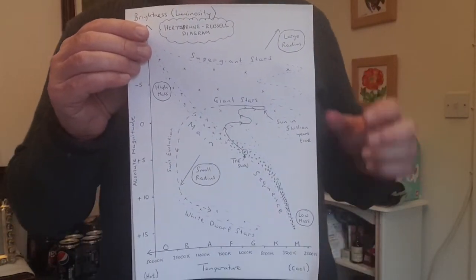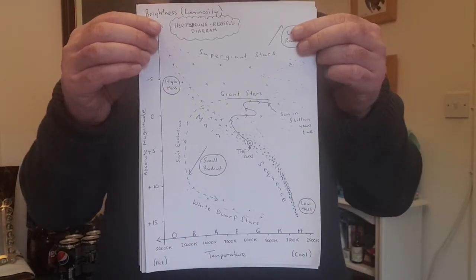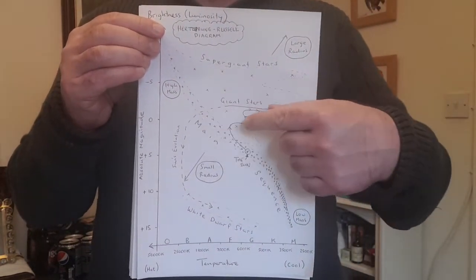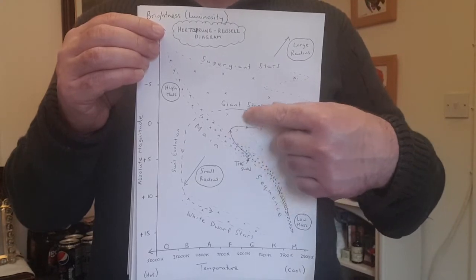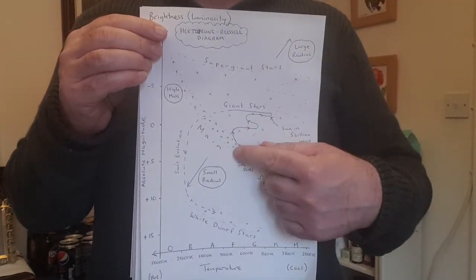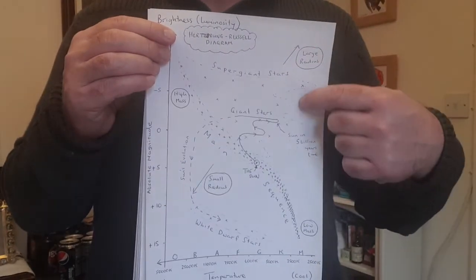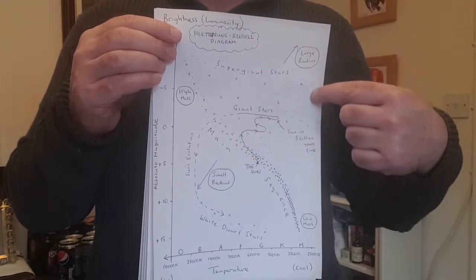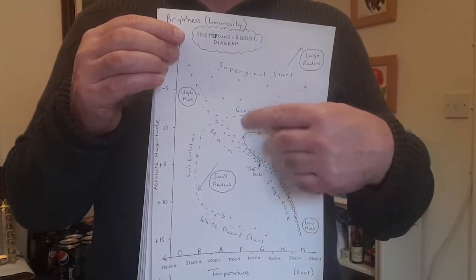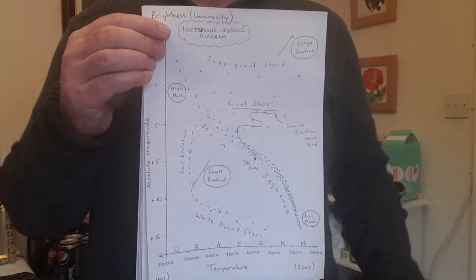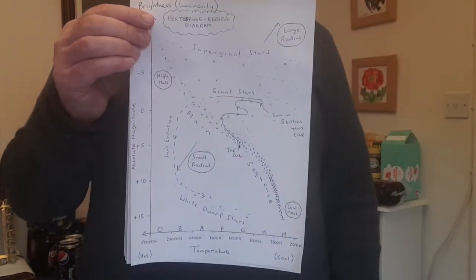The vast majority of stars you can see are on the main sequence, but you can also see that to the top right of the main sequence, there's a scattering of other stars. Far fewer than on the main sequence, but there's a definite scattering of stars that are in this part of the Hertzsprung-Russell diagram. Now, think about it.